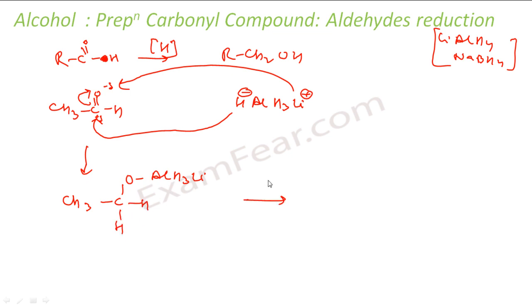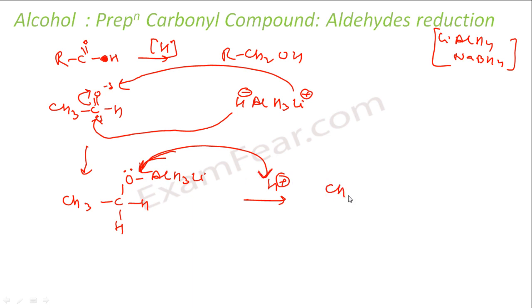Now you can add H plus here, you can do a protonation, and this is a good leaving group and it will go off. Since it's H plus, it will attack this lone pair here, right? That is how the reaction is. You show the electron movement from here to here, correct? It has a lone pair of electrons. The electrons move from O to H, so show it in this direction.